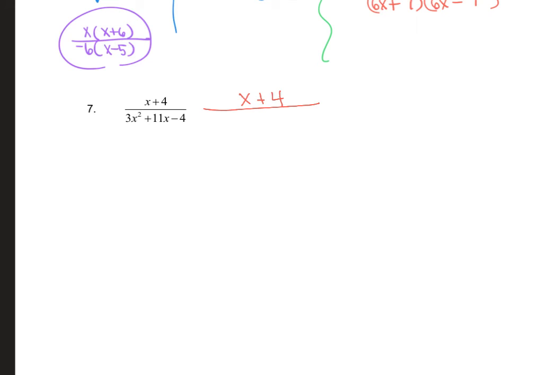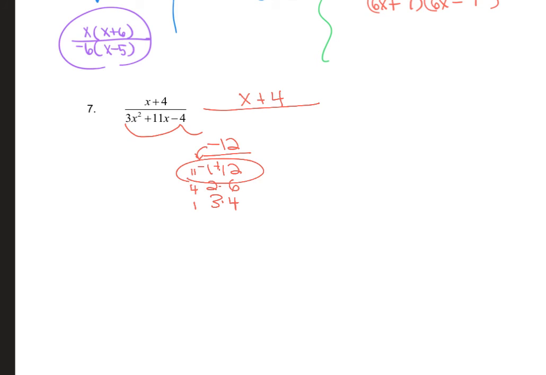So we have to take 3 and multiply it by negative 4, and we get negative 12. Factors of negative 12: 1 times 12, 2 times 6, 3 times 4. We're looking to subtract, and we want a positive 11, so we want a positive 12 and a negative 1.